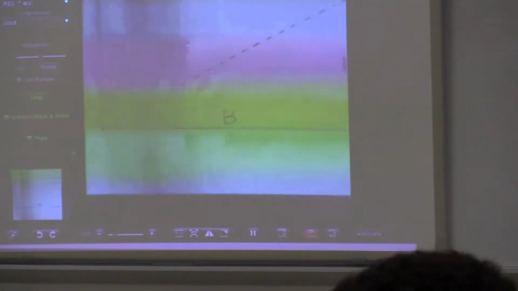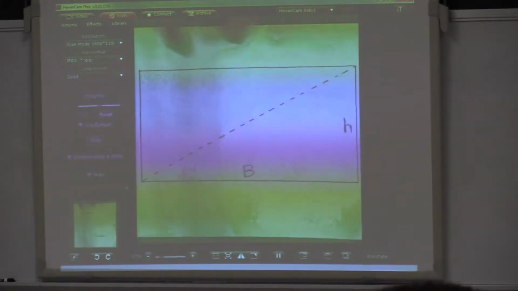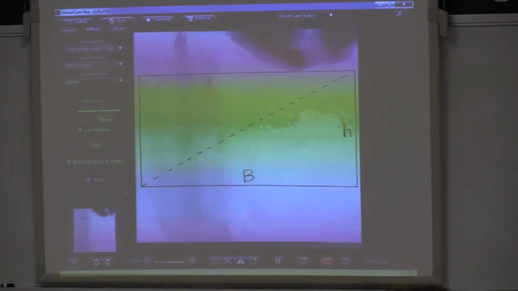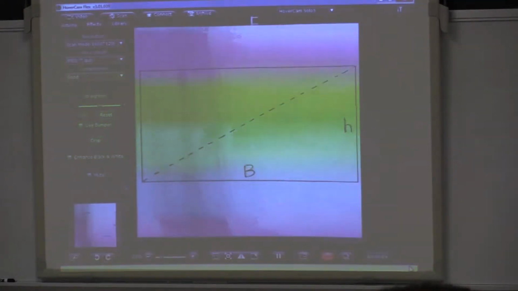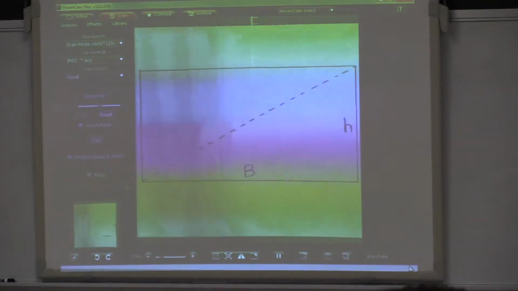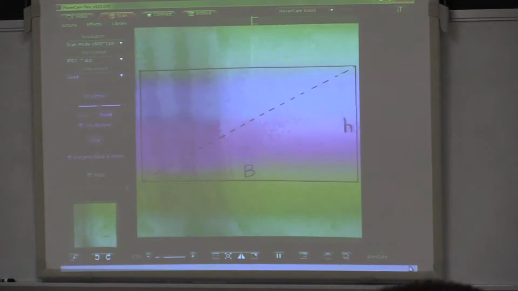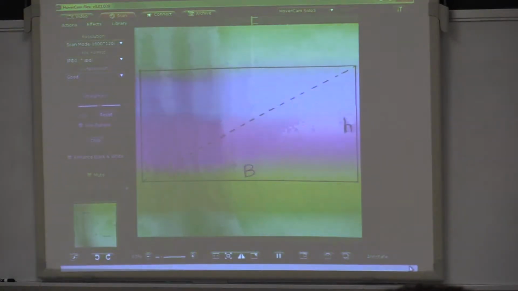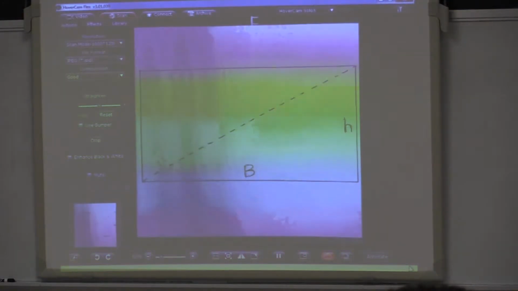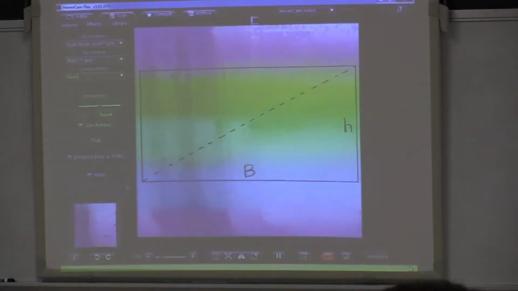So guys, let's talk about where that comes from. So let's take our rectangle, right? We already said the area of a rectangle is length times width or base times height. But think about what I'm going to do to the rectangle. I could cut the rectangle in half many ways.